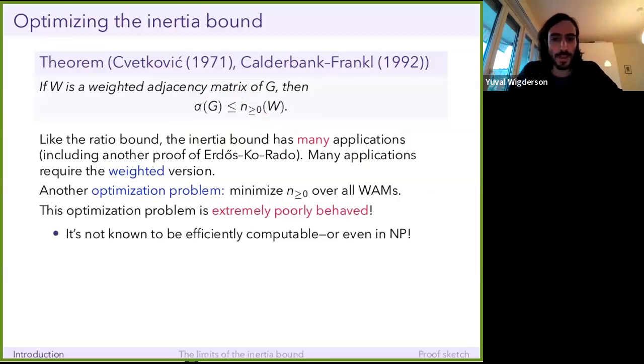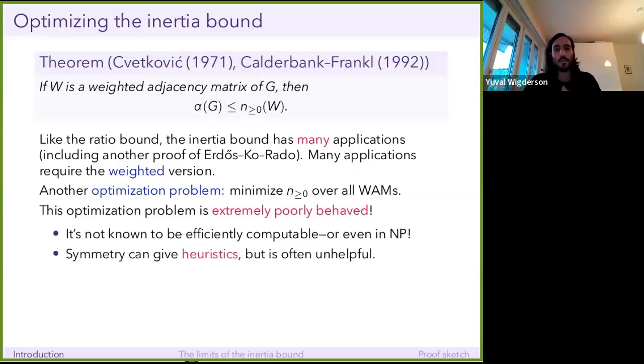Last time I spoke about this, I said that I don't even know if it's decidable. And at the end of the talk, Noga Alon came up to me and showed me how to check that it is decidable. So maybe at the end of this talk, someone will tell me why you can see that it's in NP, but I certainly don't know whether it's in NP. So that's one way in which this is badly behaved.